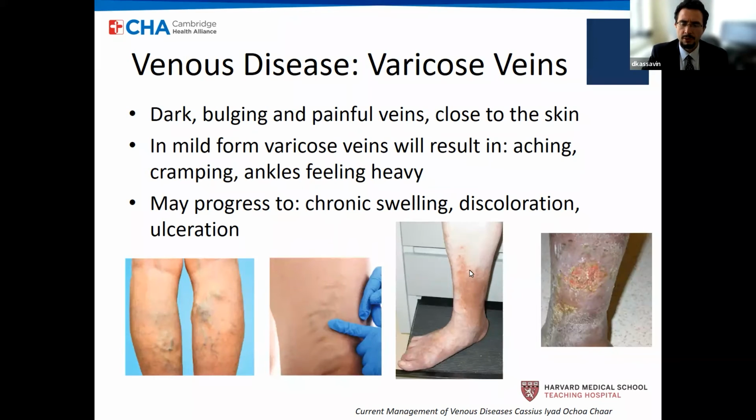And this becomes relevant because not only does it result in symptoms of associated discomfort, but if that area is damaged, let's say someone scratches it, this area is more prone to develop an ulcer, and that ulcer in turn is less likely to heal, and it's going to take additional care for it to heal. And that's what you can see in the rightmost screenshot, a chronic venous ulceration.